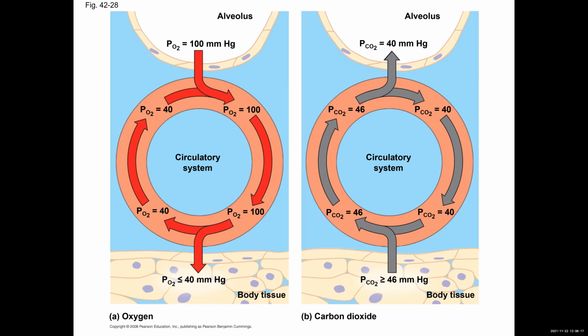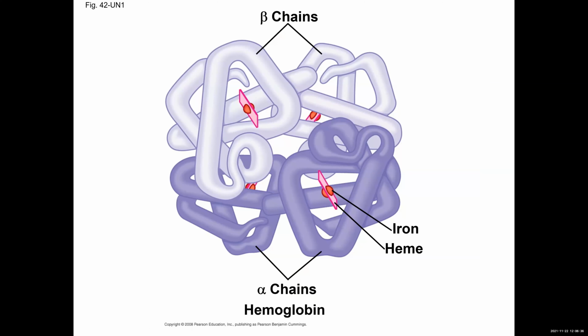We're able to effectively and efficiently do this exchange in large part because we have hemoglobin molecules that are being carried in the red blood cells. So we have this molecule that's called a respiratory pigment. It's a pigment molecule because it looks a color. It looks red because it has an iron atom in the middle of each of these protein chains.